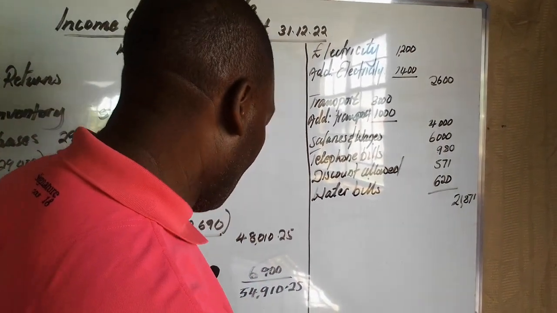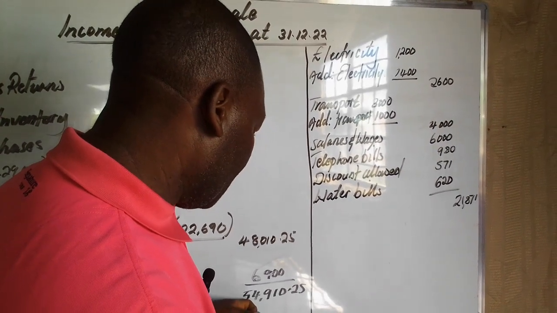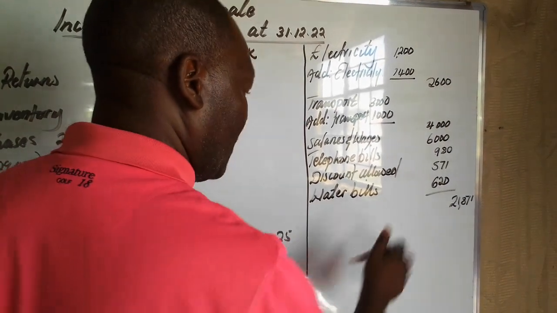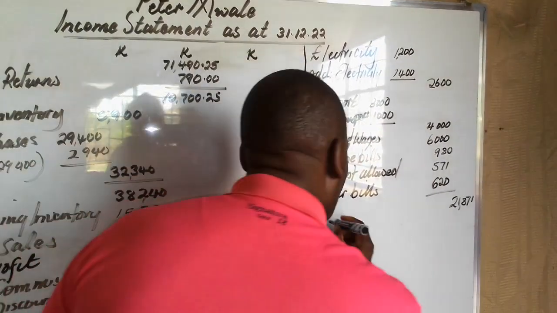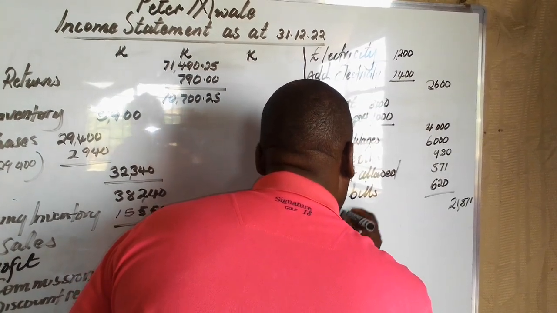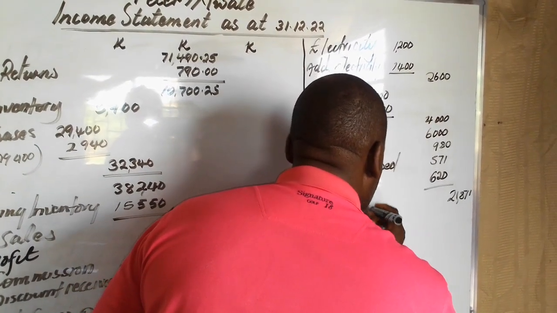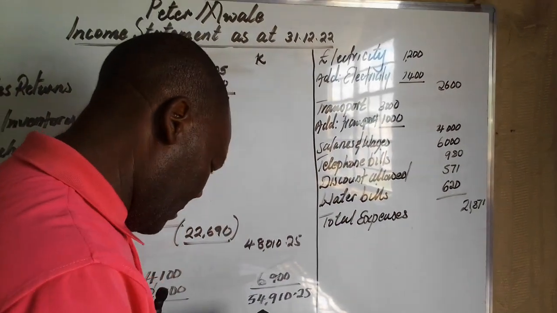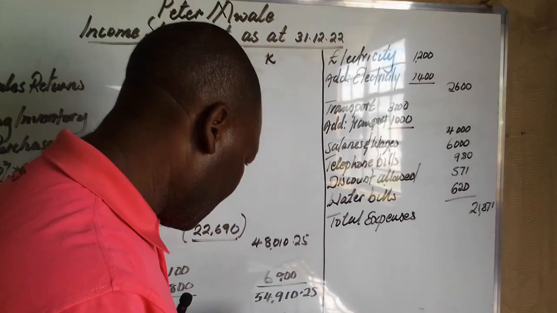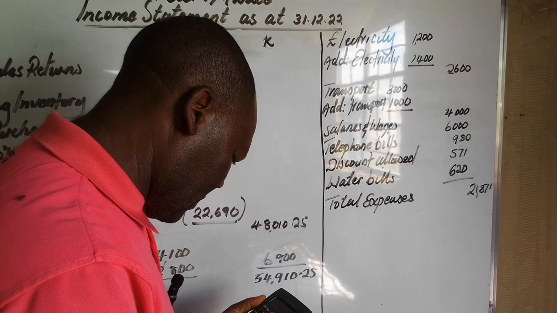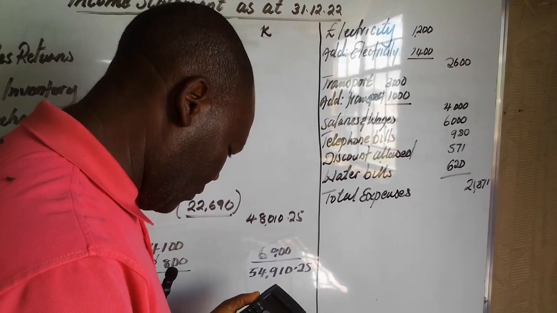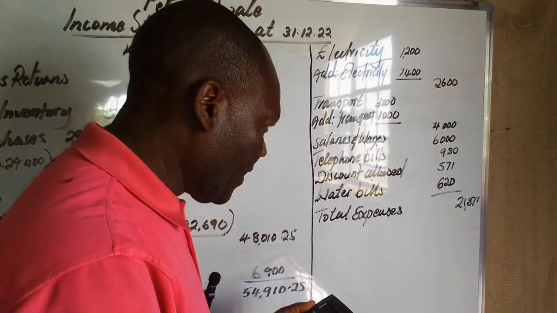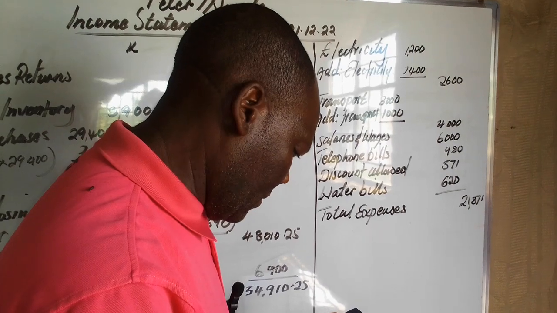So what I need to do now: our gross profit is 54,910. Let us remove the total expenses. We are subtracting from our gross profit 54,910.25 minus 21,871.